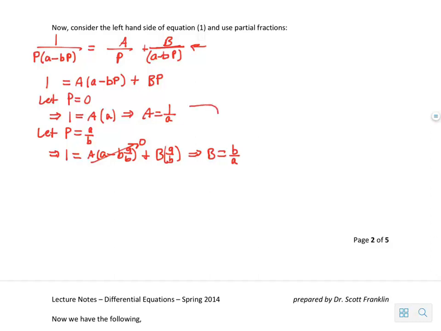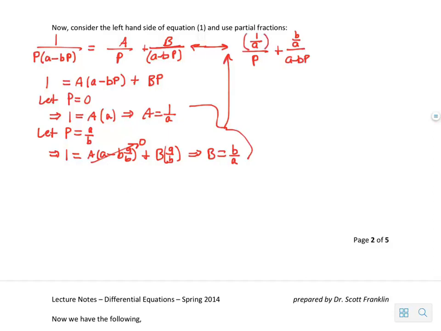So take both of those, plug it in here, and you've got 1 over a divided by p plus b over a divided by a minus bp, right?